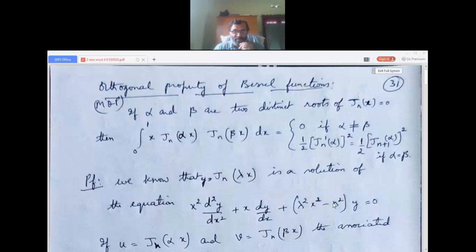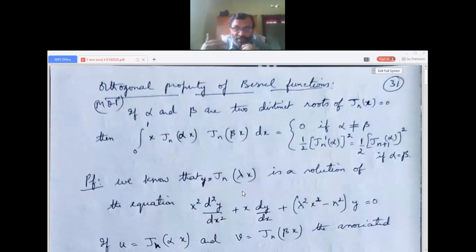So once again I repeat, the general form of Bessel's differential equation is x squared d squared y by dx squared plus x dy by dx plus x squared minus n squared into y equals 0. Its solution we have derived in the last class, that is also a model question paper problem, that we got as y is equal to Jn of x.